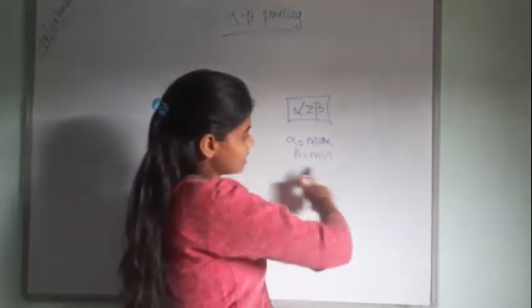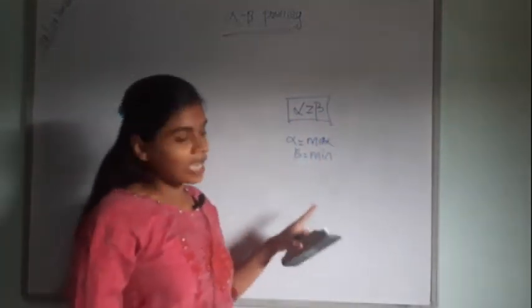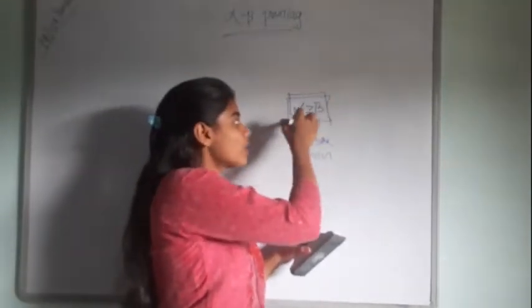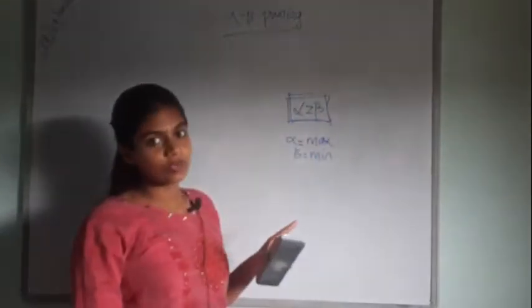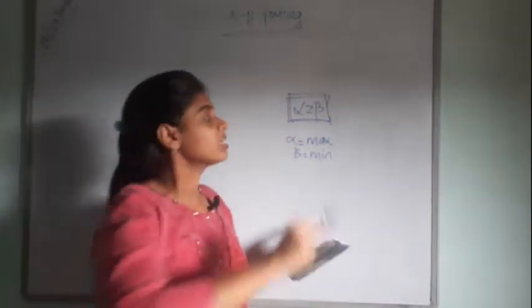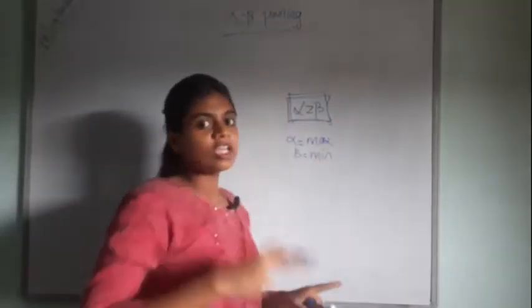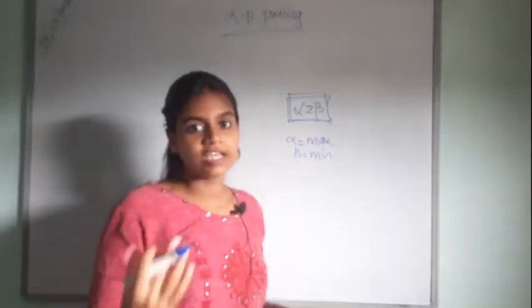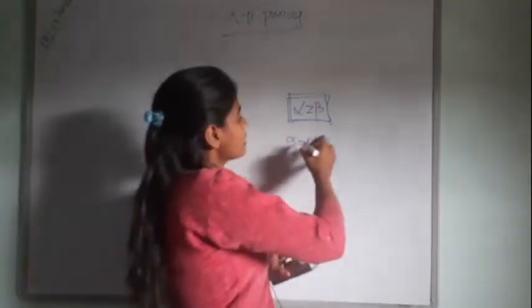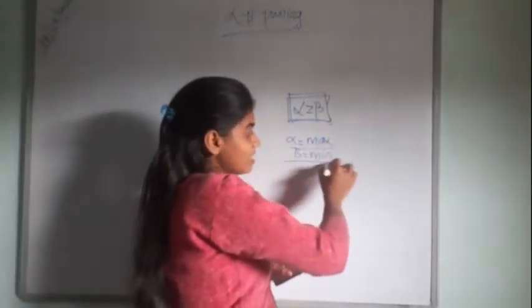Alpha is considered the maximum and beta is considered the minimum. In the graph of nodes, they use this one condition, alpha greater than or equal to beta, and only then can they do a pruning. Because for pruning this condition must apply, and only then can we understand which nodes get ignored or removed from the tree. So alpha is considered maximum and beta is considered minimum.